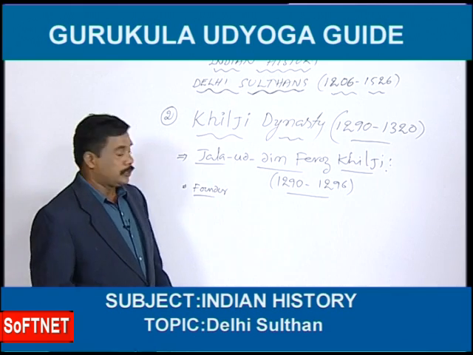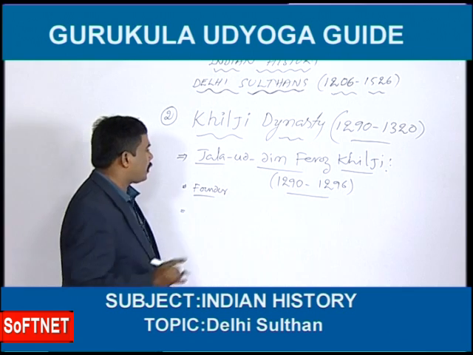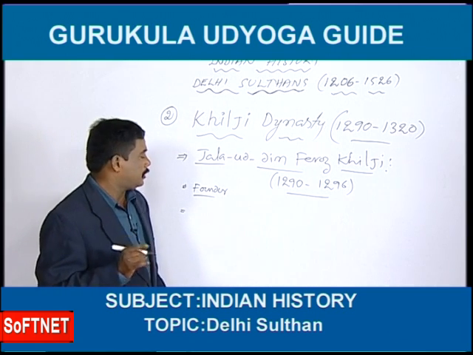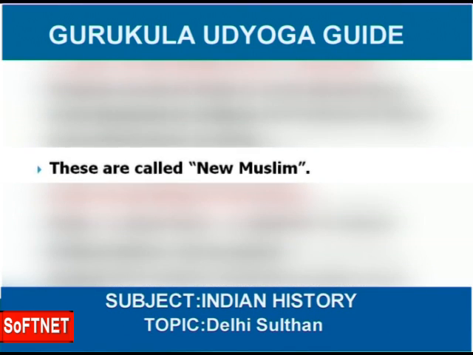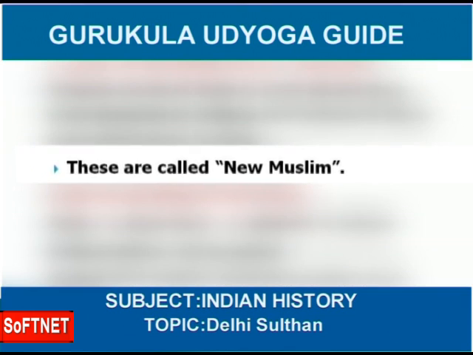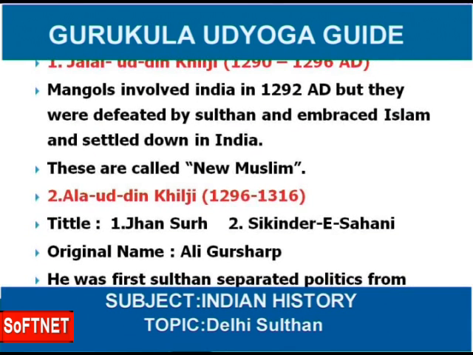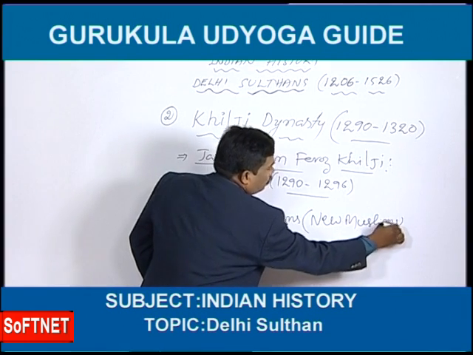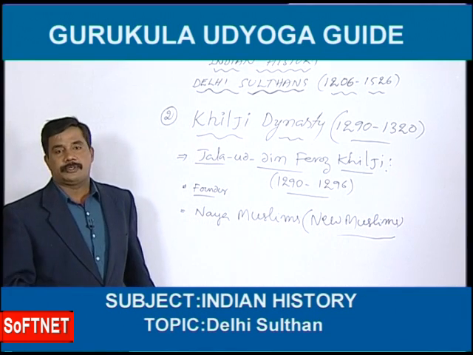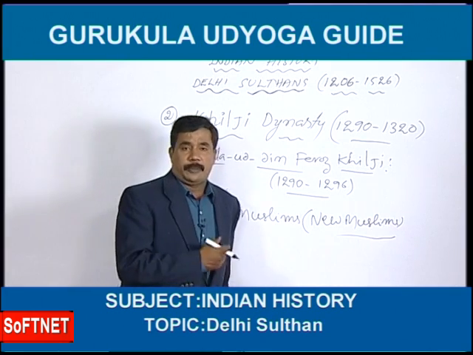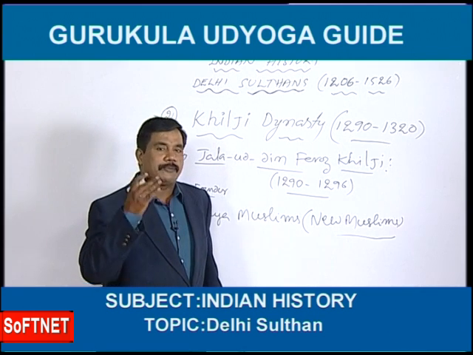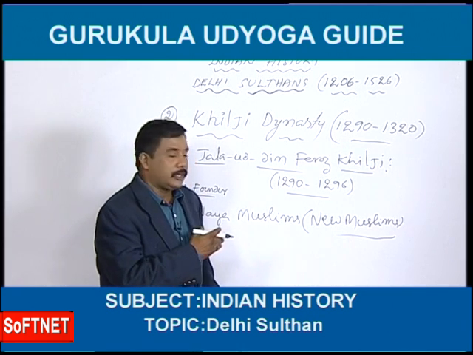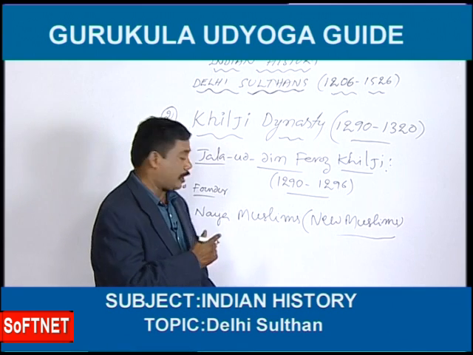We should remember the most important point in Jalaluddin Khilji's period, that is the Naya Muslims, also called New Muslims. Who are the Naya Muslims? In the Balban and Iltutmish periods we have seen the attacks of Mongols. Here also there was an attack of Mongols under the leadership of Abdullah.